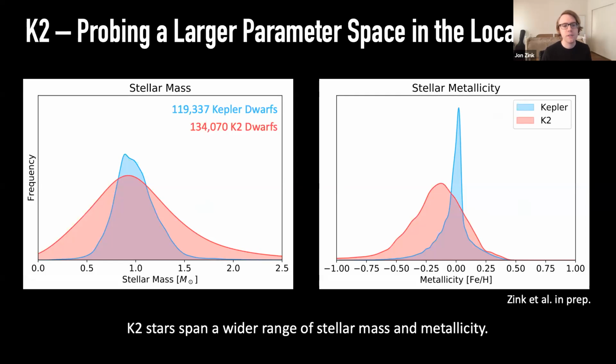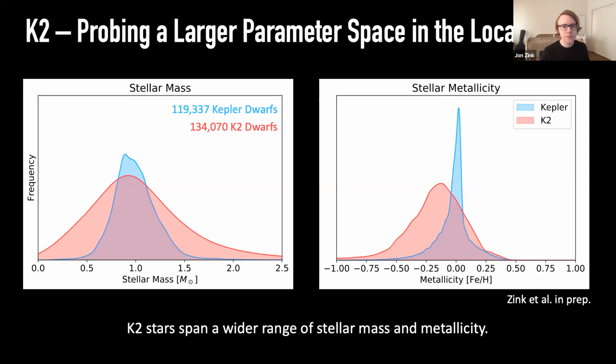And so overall, it just spans a larger range of stellar mass and also stellar metallicity. So this really allows us to probe these different features of the stellar sample and use that as a proxy for understanding the mechanisms that allow planets to form.